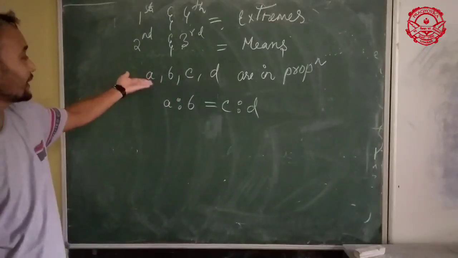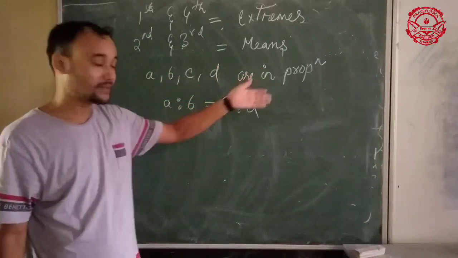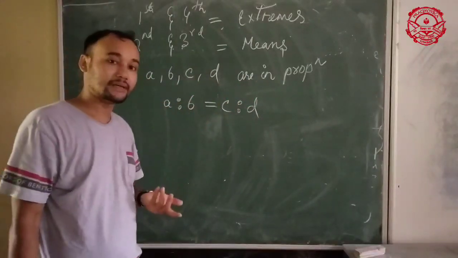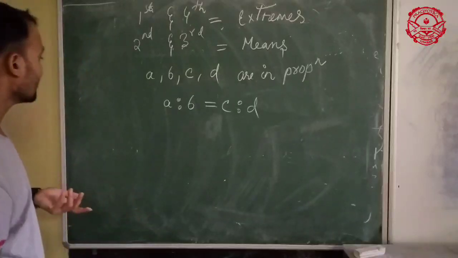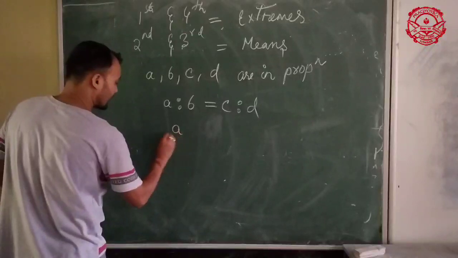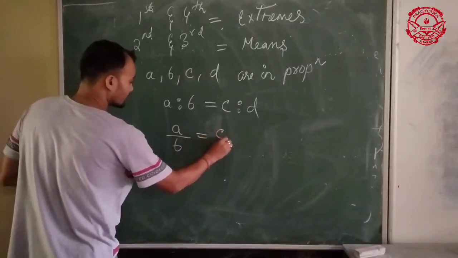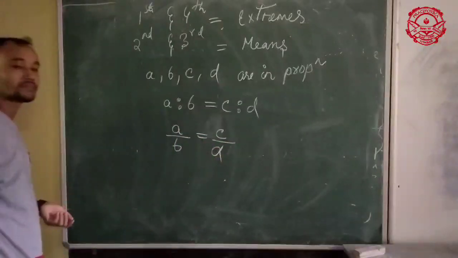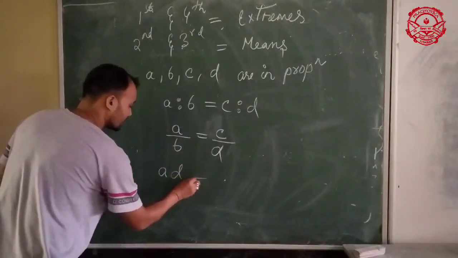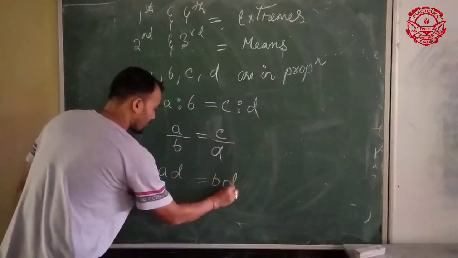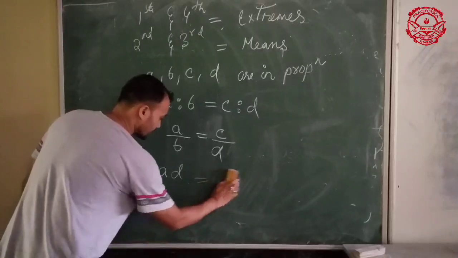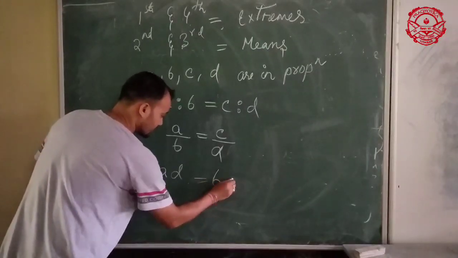We can also write this as A by B equal to C by D, that is AD equal to BC.